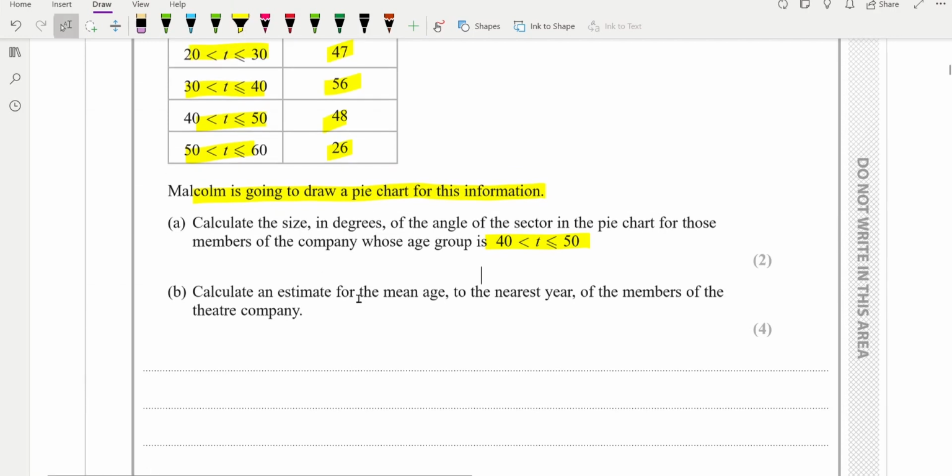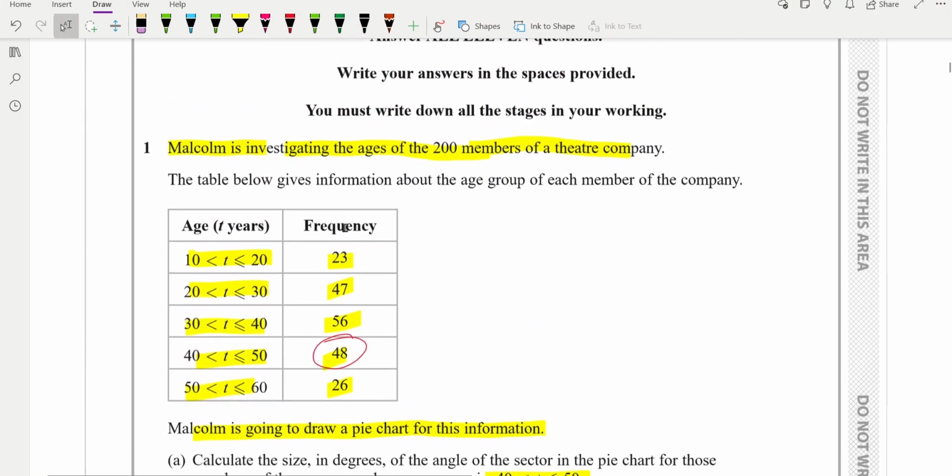to 50. So 40 to 50 is this range, which is 48. So we can draw the pie chart. This is A part. 48 divided by the total, and the total they have provided is 200 members.